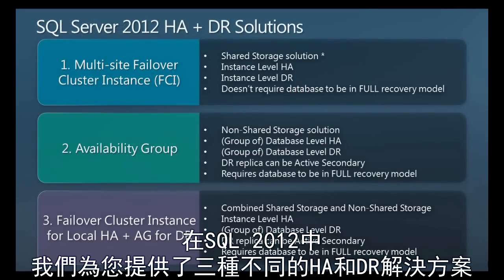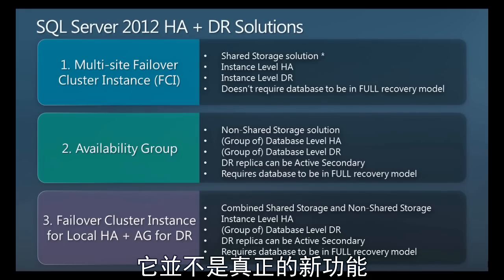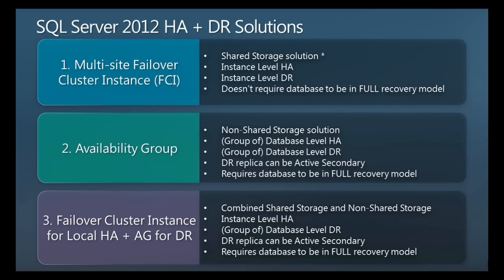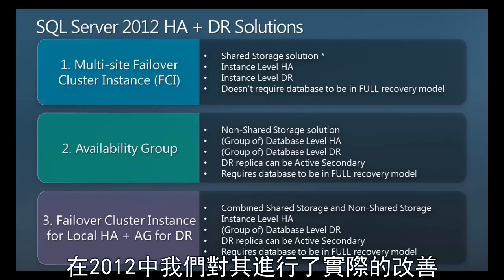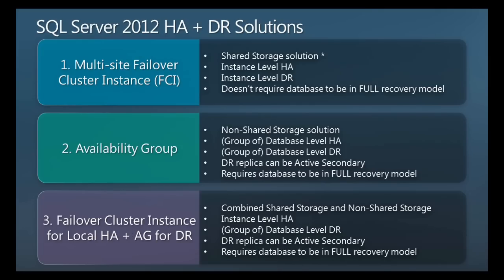In SQL 2012, we provide you with 3 different solutions for HA and DR. The first one is multi-site failover cluster instance. This is not really a new feature. Failover cluster instance has been supported since SQL 2005. In 2012, we improved it, and now you can create a failover cluster instance across multiple sites.